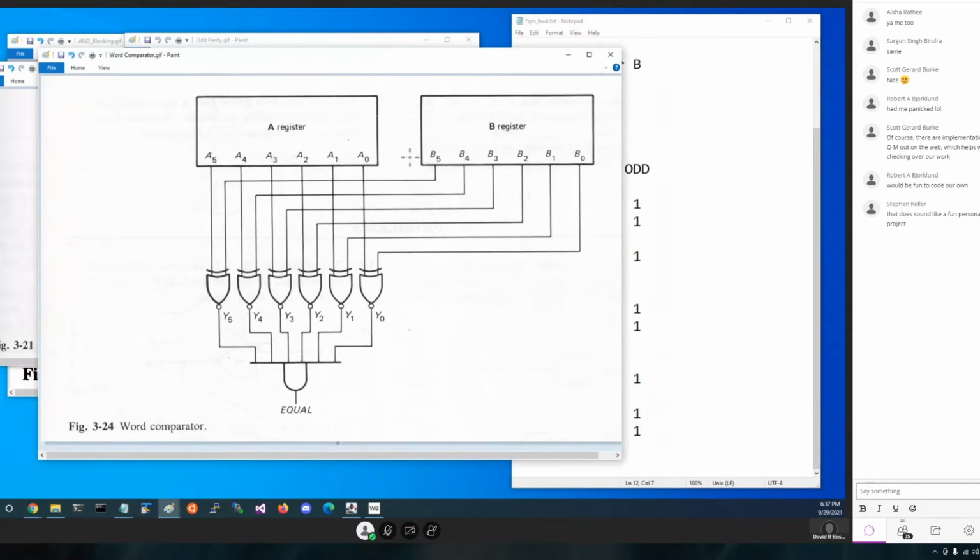If all of the pairs are equal, meaning if all these generate 1s, and we AND all of those 1s together, this is just a big jumbo, 6-input AND gate, we'll get a bit out which we can say means equal. So anytime the 2 registers are equal, that flag down here will be turned on. And notice that these are XNORs. They're an XOR gate with an inverter on the tip end of them. So they invert the XOR function.